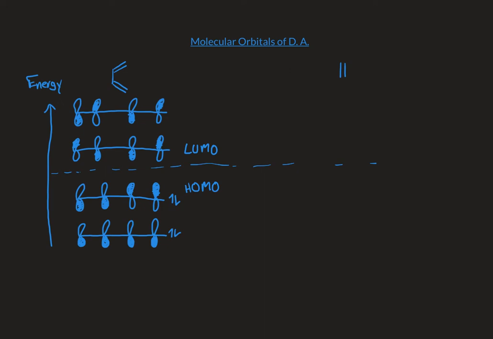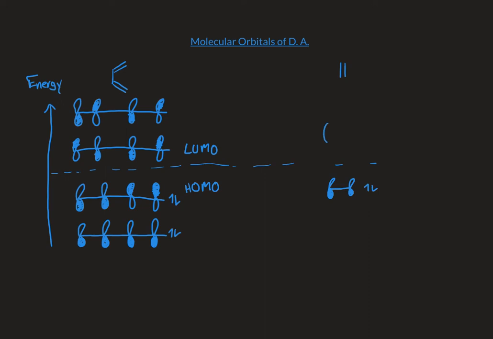If we consider the molecular orbitals of the alkene, it's got 2 because it's got 2 carbons with p orbitals on them. The first one has no nodes. This one is occupied.